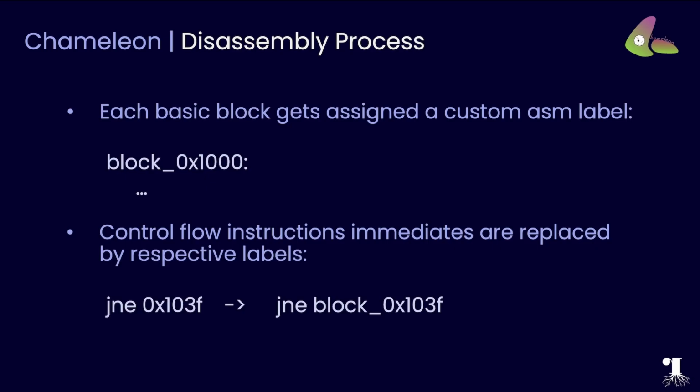This is possible because of how basic blocks work: each destination of a jump will always be the beginning of a new basic block. So we will always have the label corresponding to the immediate where the jump or the instruction is trying to go.